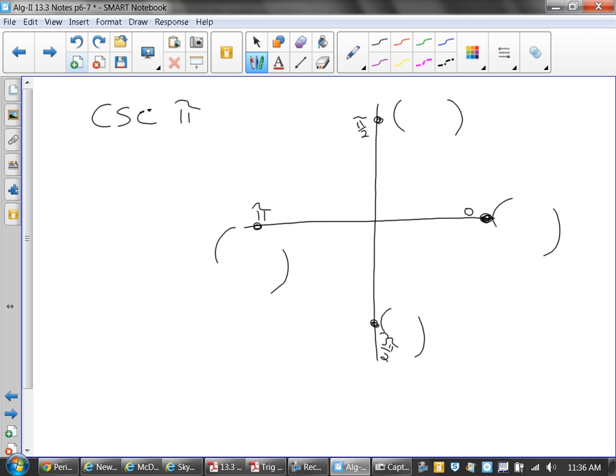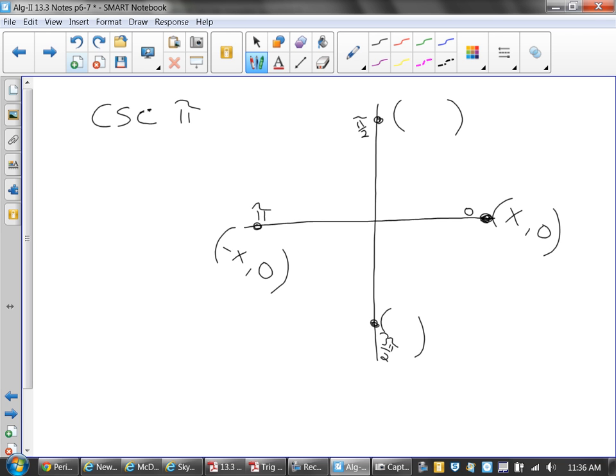When I'm on the x-axis at 0, what is the value for y? 0. What is the value for x? Just x. When I'm at pi, 180, my value for y is 0, and negative x.